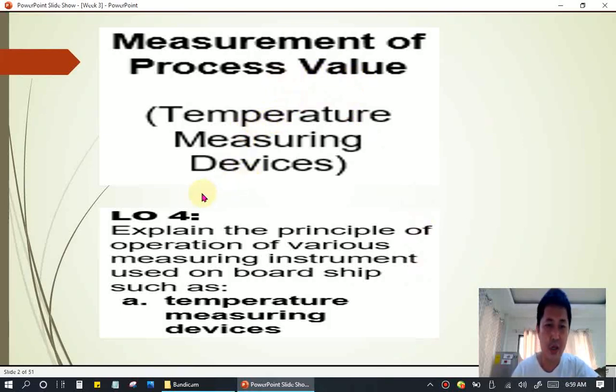So we have here our learning objectives. Explain the principle of operation of various measuring instruments used on board ship, such as temperature measuring devices.